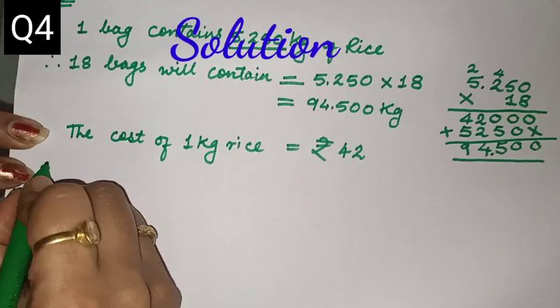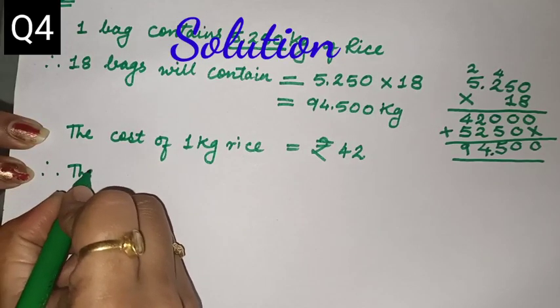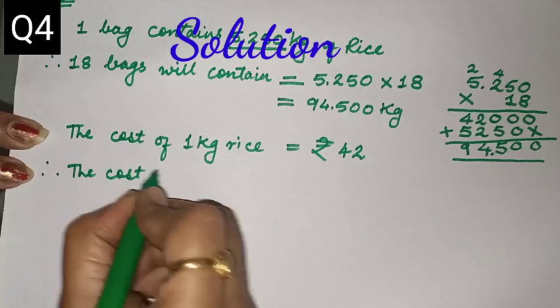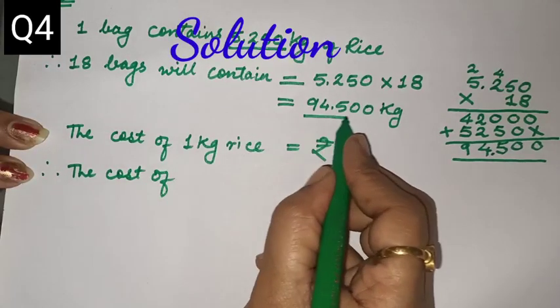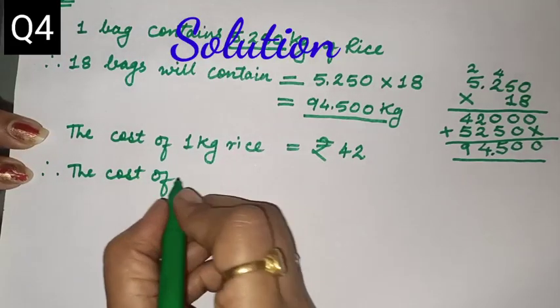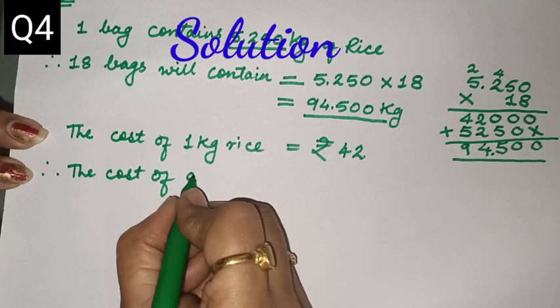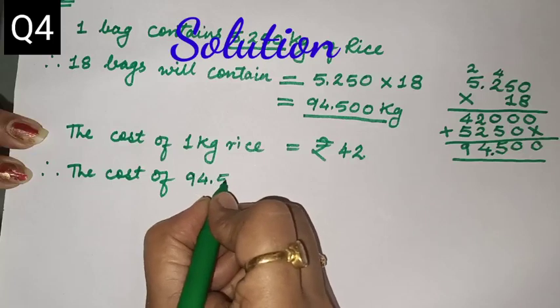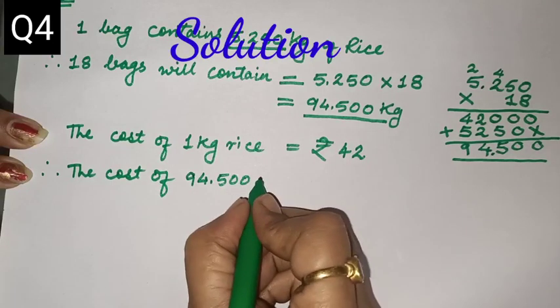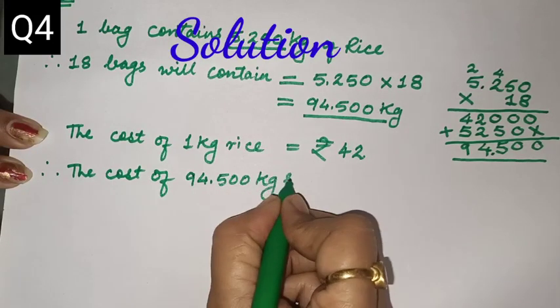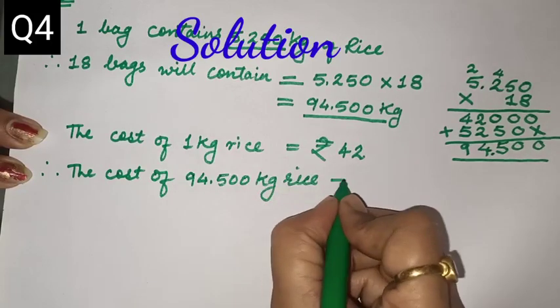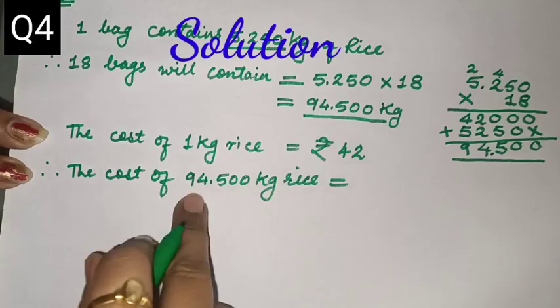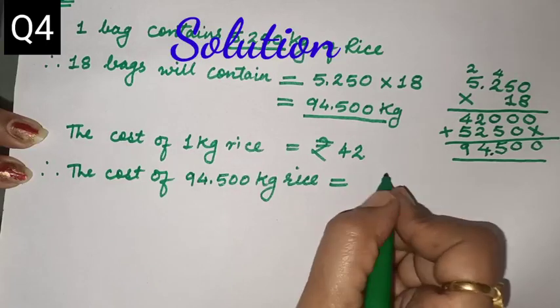Okay, so we have to find out the cost of whole rice, right? So the cost of 94.500 kg of rice is equal to, what we have to do here, we'll multiply this with our total number of rice.